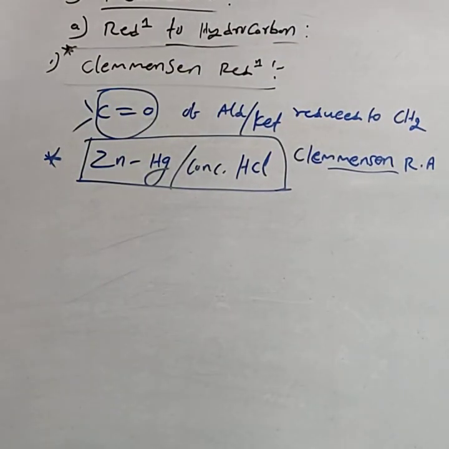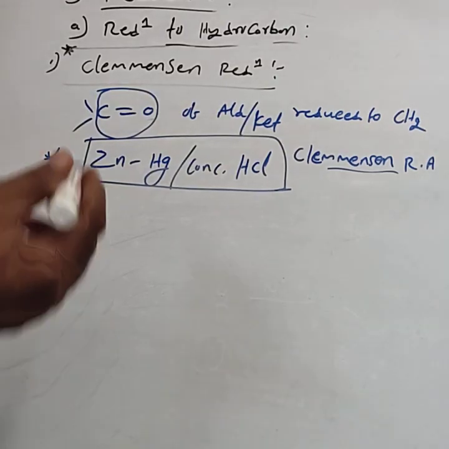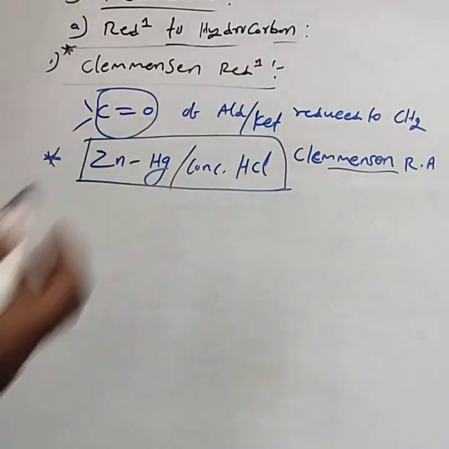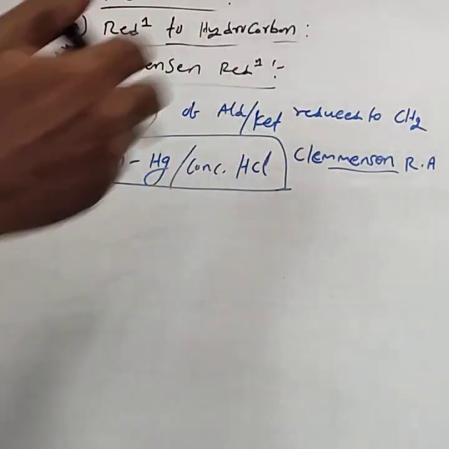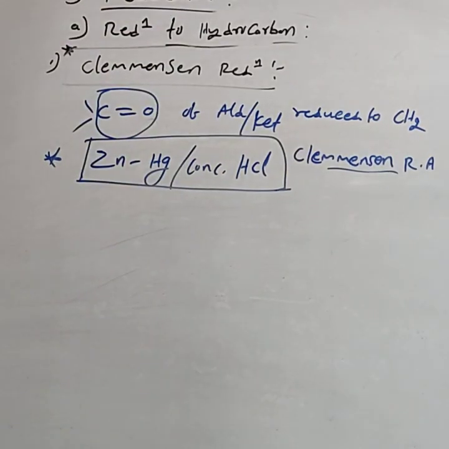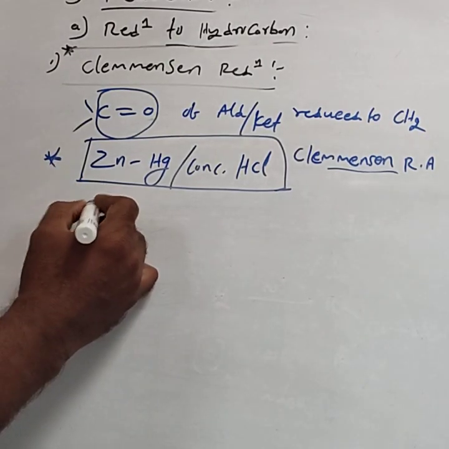Clemmensen reduction means the carbonyl group of aldehyde and ketone is reduced to CH2 by using zinc amalgam in concentrated HCl. Zinc amalgam in concentrated HCl is called Clemmensen's reducing agent. Then consider the general equation.